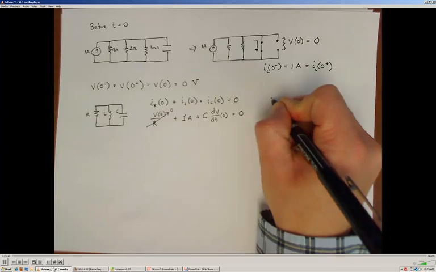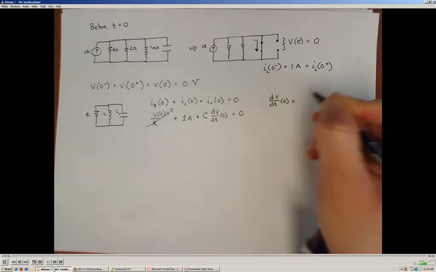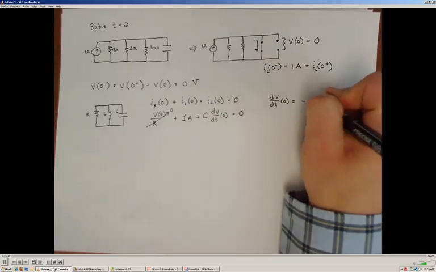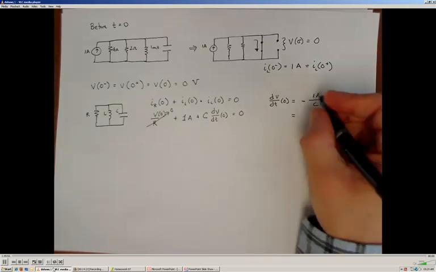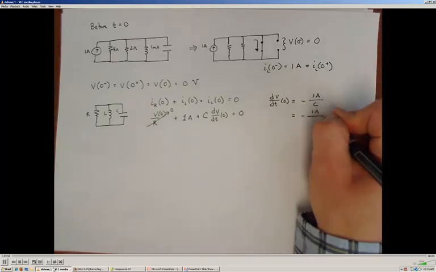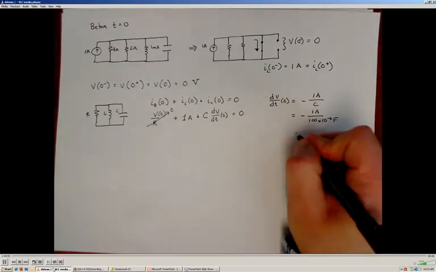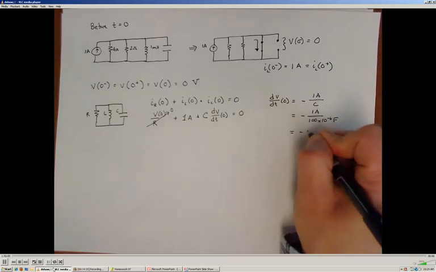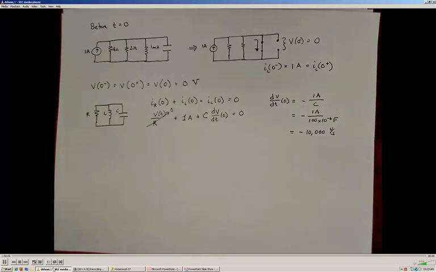From that, we can establish that dV/dt at time 0 has to be equal to negative 1 amp over our capacitance. That's the same thing as negative 1 amp over 100 times 10 to the negative 6 farads, which gives us a value of negative 10,000 volts per second for the rate of change of the potential across all of the parallel elements of the circuit at time equals 0.